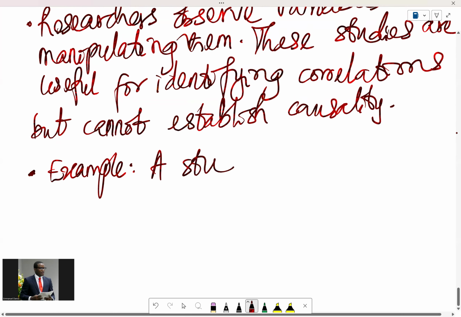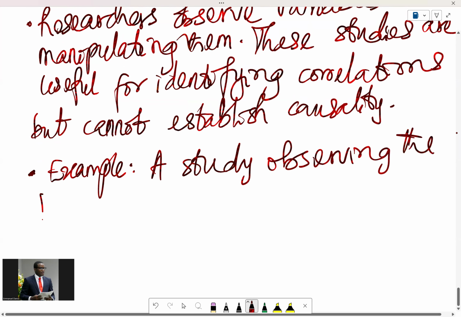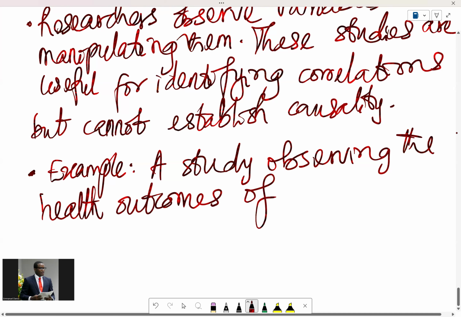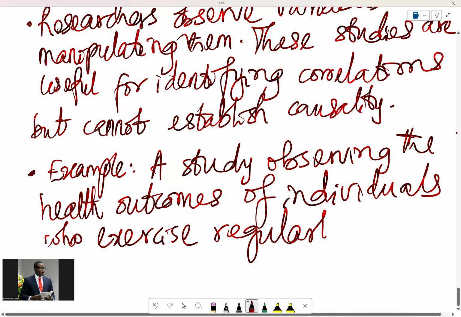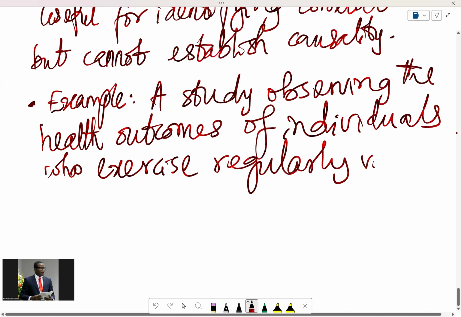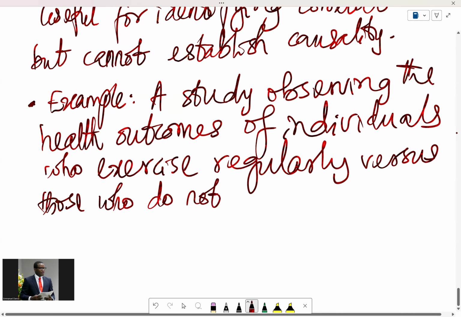So a study observing the health outcomes of individuals who exercise regularly versus those who do not is a very good example of this. So you just want to see what are the health outcomes if you exercise regularly and if you do not.